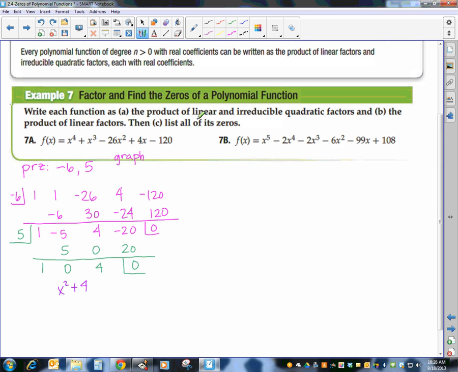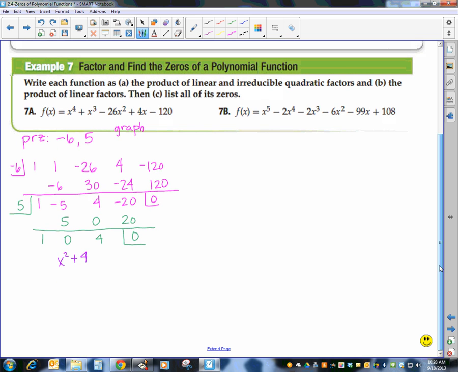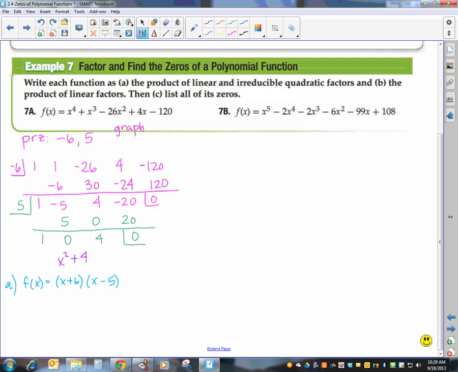So I have linear and irreducible quadratic factors. So to answer this question, the first part is f of x equals x plus 6, x minus 5, and x squared plus 4. That's my linear and my irreducible quadratic.